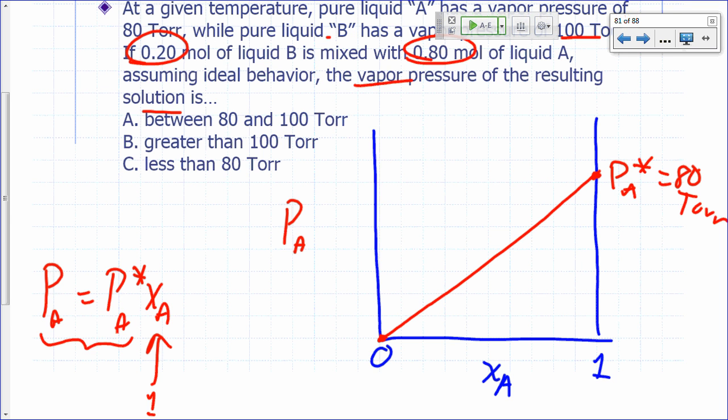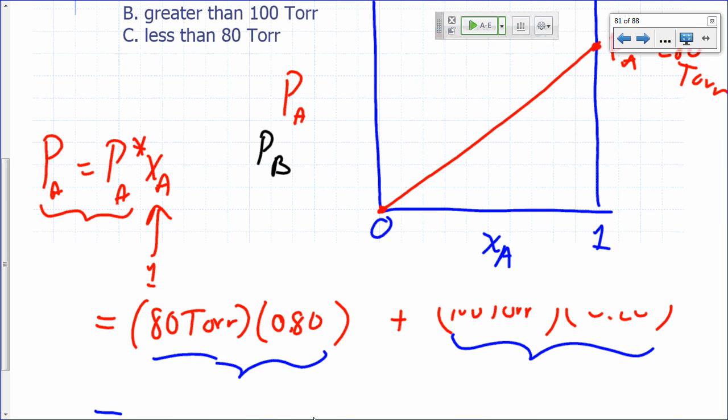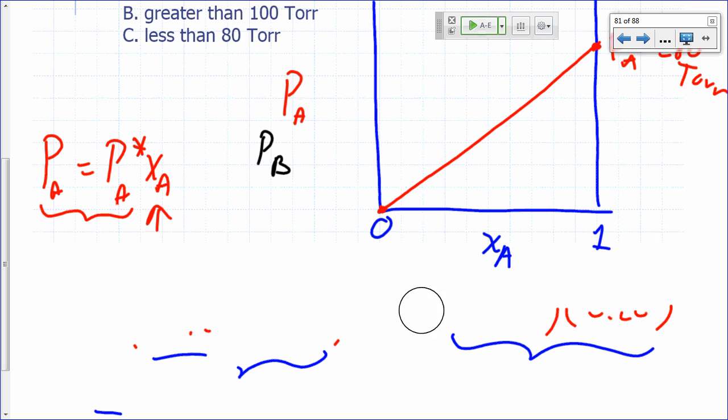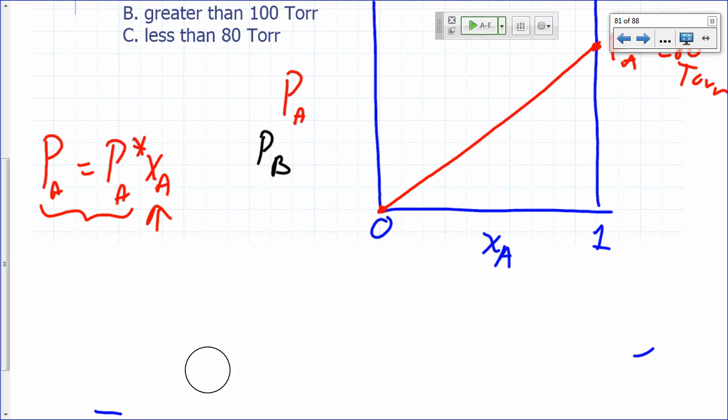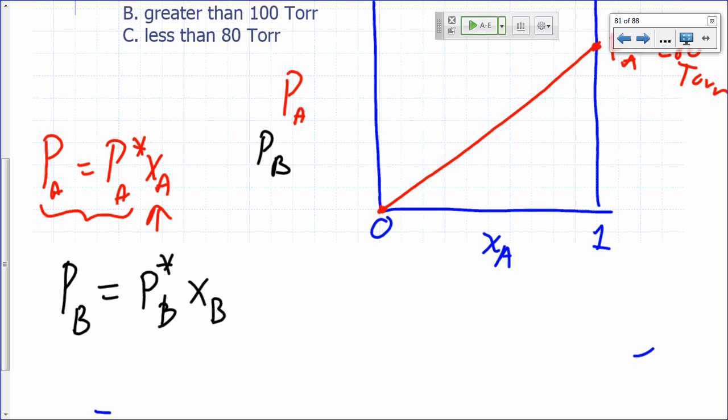What would happen if we were to plot partial pressure of B versus mole fraction of A? What did we say partial pressure of B was? P star B times XB, right? Which is P star B times 1 minus XA.